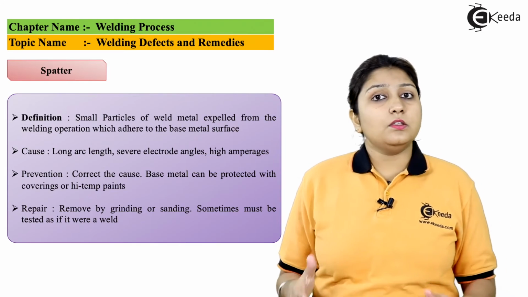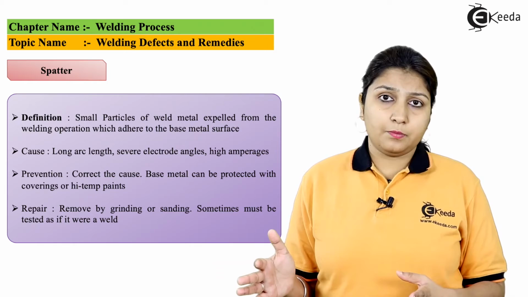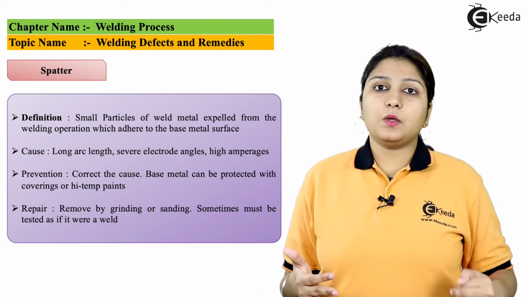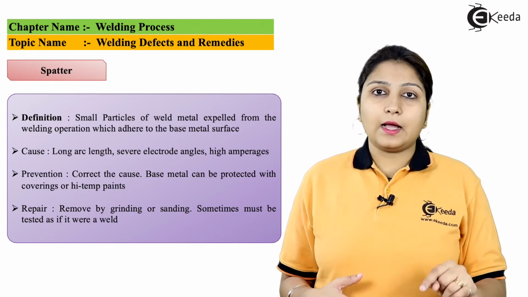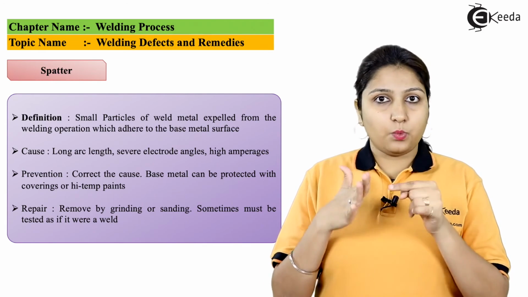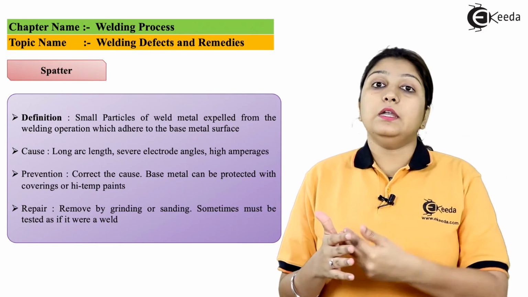Spatter. This is a common defect, basically in the arc welding process. It also happens in other welding processes like gas, but in arc welding it is very common. If your arc is not in close contact with the weld, it spatters, like it touches your weld and reverts back.